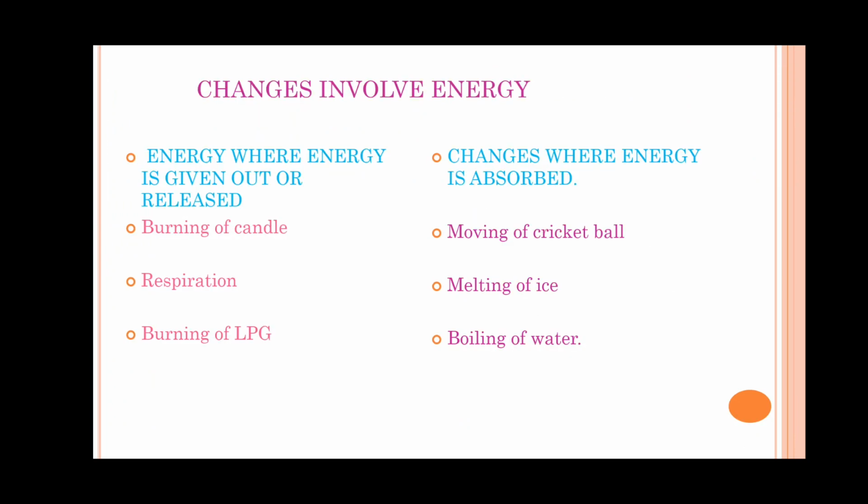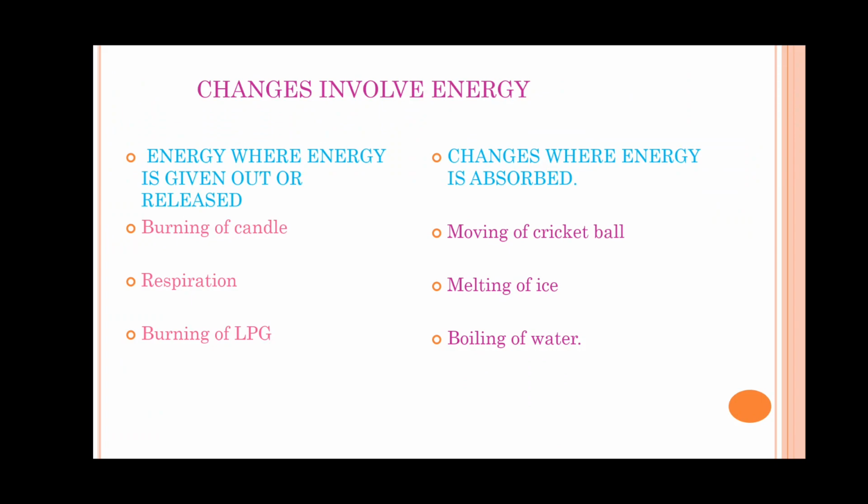Now, there are some changes where energy is involved. Certain examples are given where energy is given out or released, and some examples where energy is absorbed. So, when we look around, we see some changes where energy is released. For example, burning of a candle, respiration, burning of LPG.